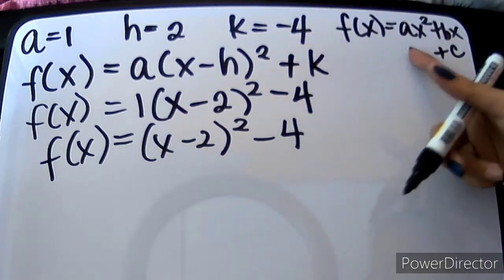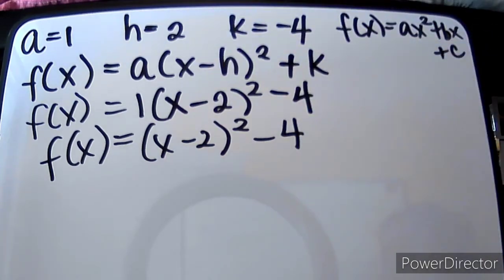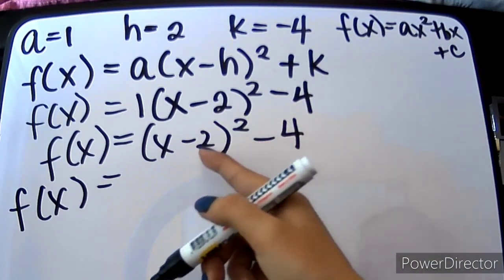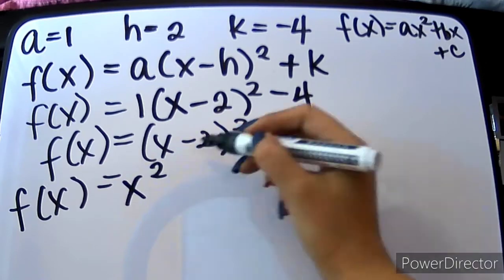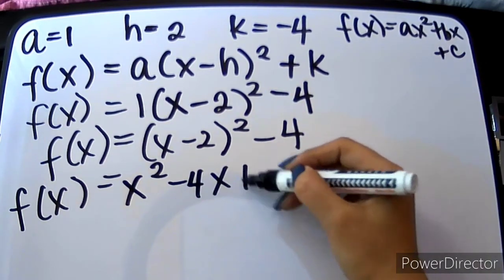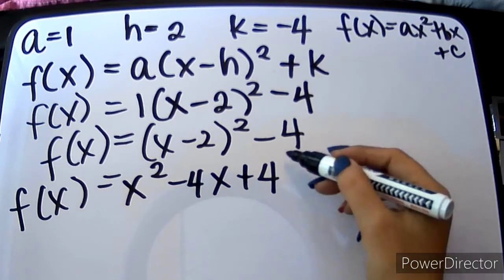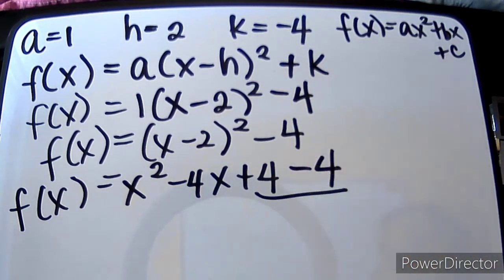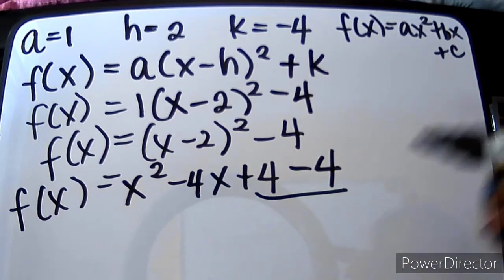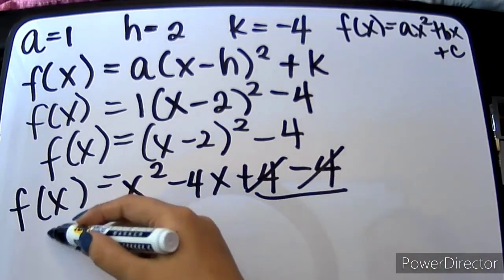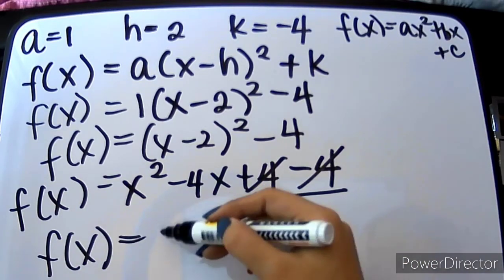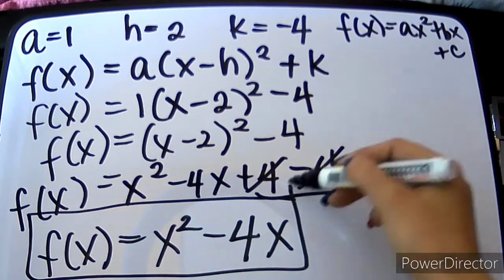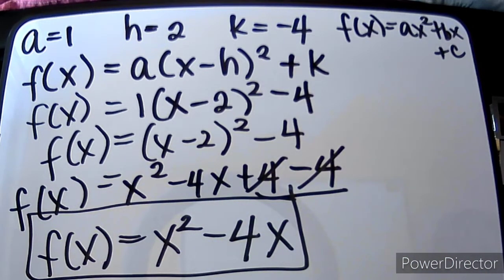But since ganitong form yung pinapakita dun sa ginagamit namin book sa school, we need to expand it. So, this is a square of binomial. So, the square of binomial is x squared minus 4x plus 4. And then, minus 4. And then, we will do the operation on our constant. So, 4 minus 4 will give us 0. So, ang ating general form or standard form is f of x equals x squared minus 4x.